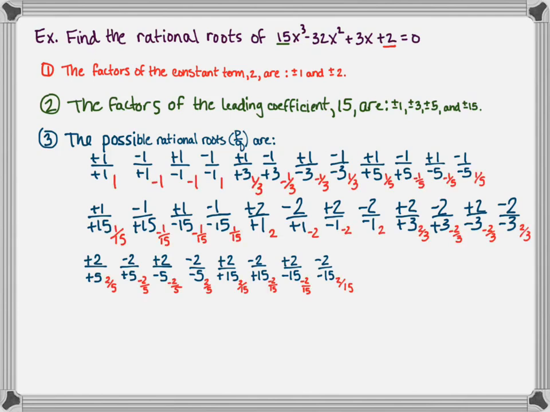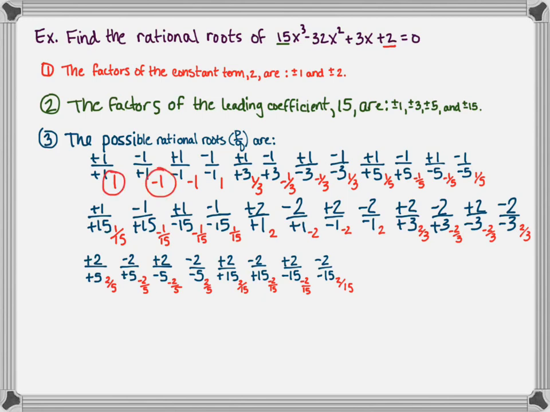Okay, so simplifying these, we get 1, negative 1, negative 1, 1, 1/3, negative 1/3, negative 1/3, 1/3, 1/5, negative 1/5, negative 1/5, 1/5, 1 over 15, negative 1 over 15, and so on. So let's look at how many are actually distinct.